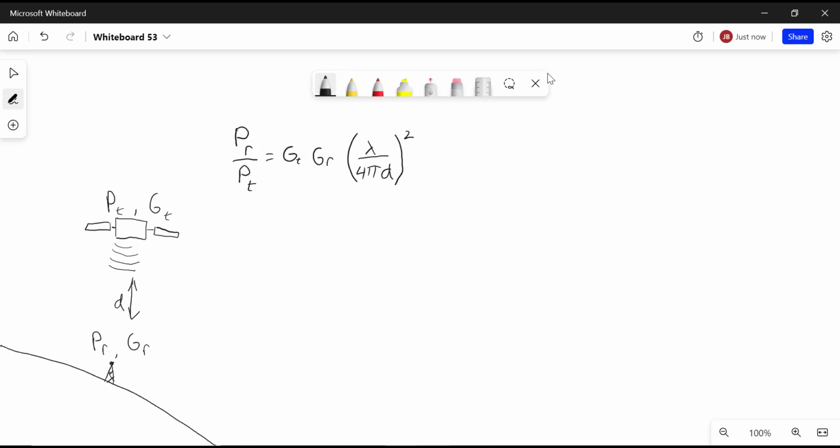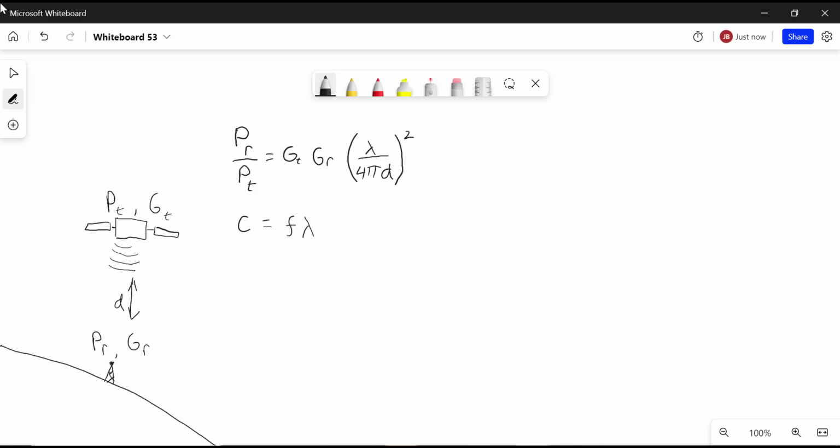So that's the distance of the satellite to the receiver on Earth. The lambda, we know that there's a constant called c, which is the speed of light, and that is equal to frequency of the electromagnetic wave times the wavelength of the electromagnetic wave.